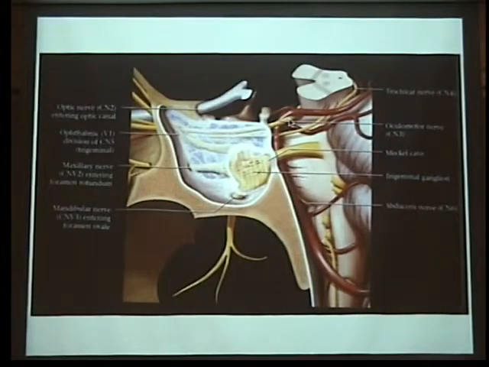If we look right through the sella to the contralateral side, what are we going to find? In the back part of the sella is the Gasserian ganglion. You have V1, V2, and V3 going straight down. V1 is going right up to join the nerves going through the superior orbital fissure. V2 is going through the maxillary region to the pterygopalatine fossa. And V3, as you know, the mandibular nerve, is going straight down.